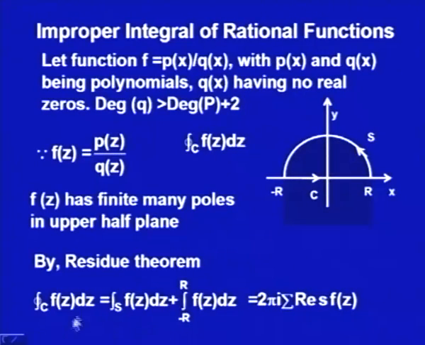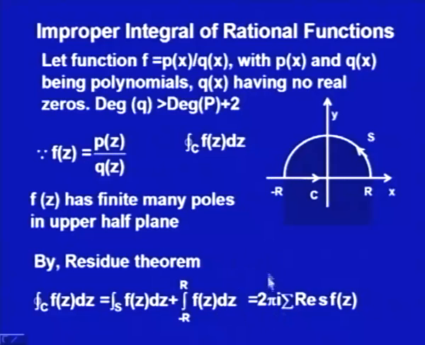Now, to get this integral from minus infinity to plus infinity, the only thing we have to show is the limit as r approaches infinity. First, this integral will approach the improper integral from minus infinity to plus infinity of f(x) dx.